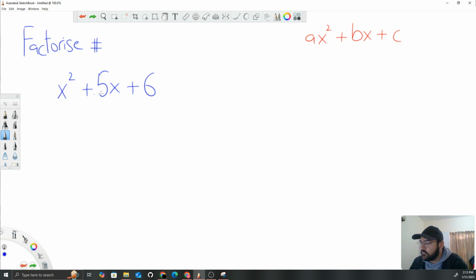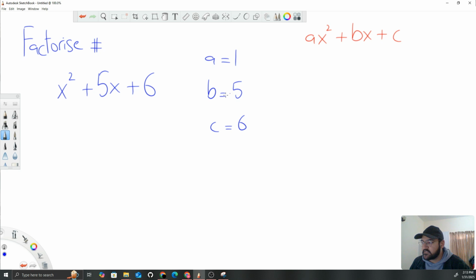Okay, so we know that generally the equation is ax squared plus bx plus c. First, we take the product of a and c, so a times c. Here, a is 1, b is 5, and c equals 6, right?